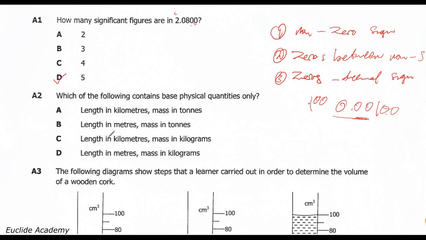So here you see length in kilometers, so we can cancel out A and C. Let's talk about B, length in meters, mass in tons. Not really. So we're looking for SI units for base physical quantities, which are quantities which can be measured. D, length in meters and mass in kilograms. So this is what we are looking for. These are the base physical quantities.